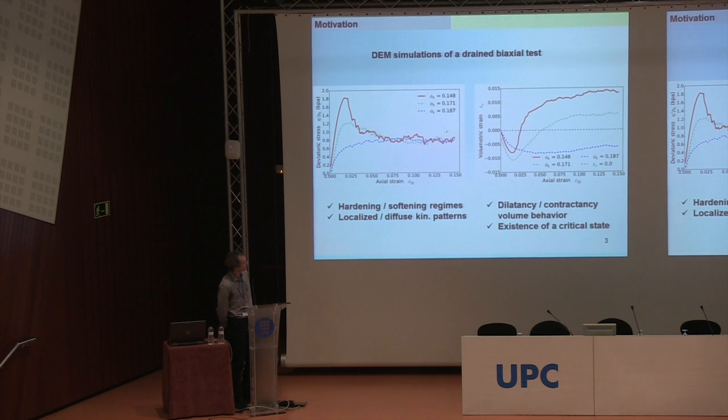And also I would like to make a parallel between the strength behavior and also the volumetric behavior. On the right, you can observe the evolution of the volumetric strain, and this evolution is not the same according to the initial void ratio. So I would like to investigate why we have this kind of features just by considering what happens on the micro scale.